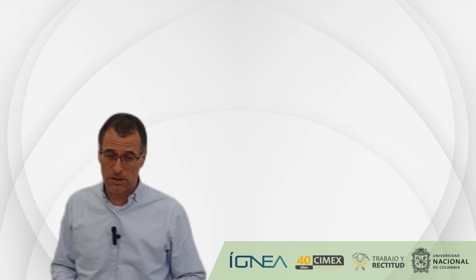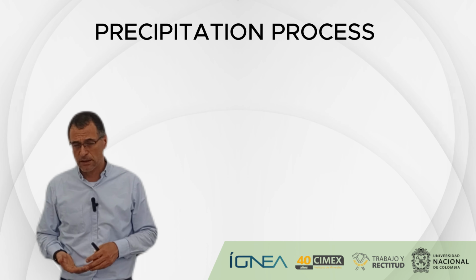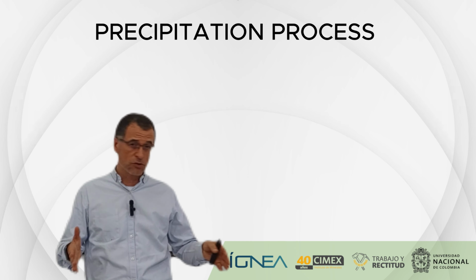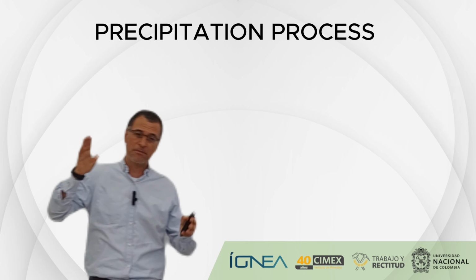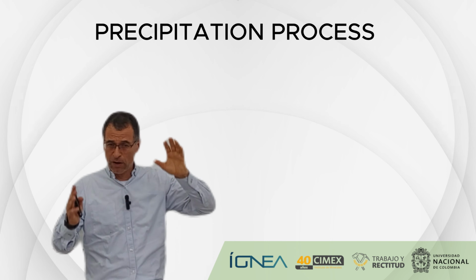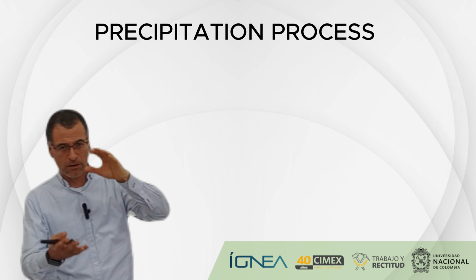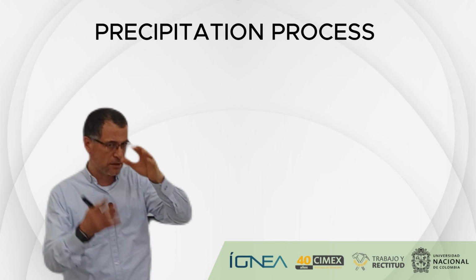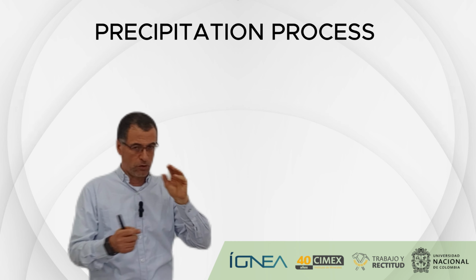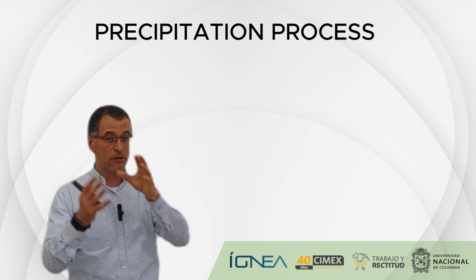The second important process in hydrometallurgy is the precipitation process. Okay, the first part is you have the mineral, with a mineral of interest in the solid, and you use the liquid in order to extract it from the solid.